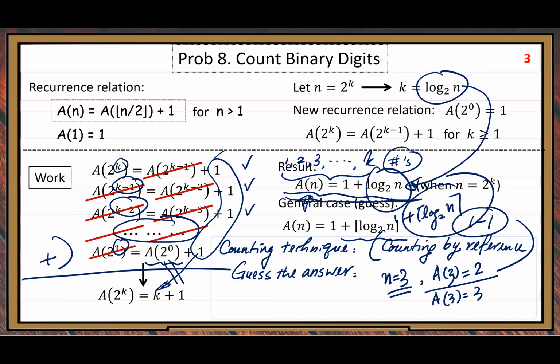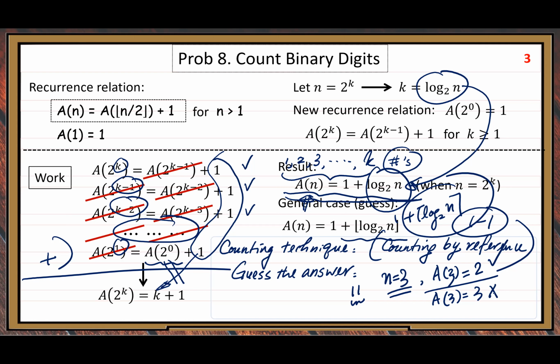But look at that. If you count the bits, 3 is 1, 1, right? 2 bits. But 3 is not 3 bits, it's 2 bits. So that's why we take the floor function version. We do not take the ceiling function version. We just do some simple experiment.